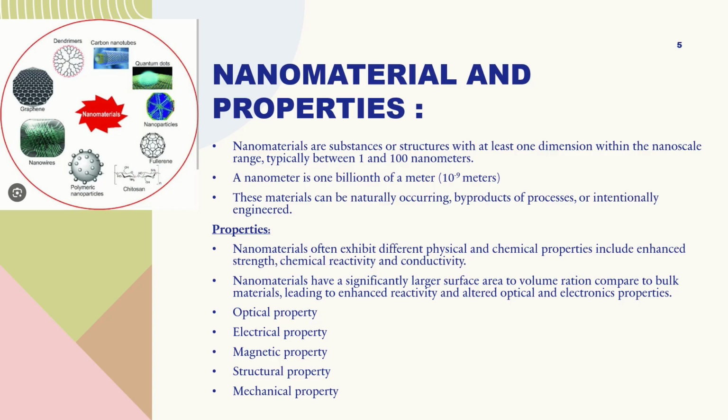So nanoscience deals with building up complex materials and machines using fine control of matter at the nanometer scale. The study of materials and their properties at the length scale of a few nanometers is called nanoscience.